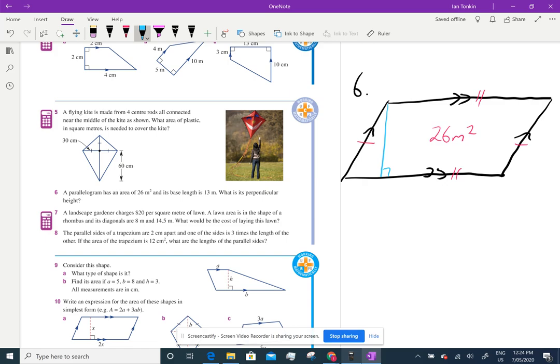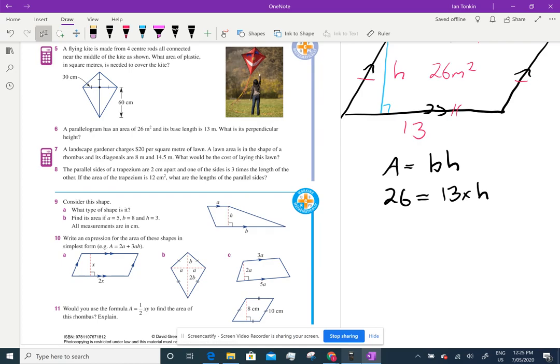Its base length is 13. What's its height? This is why we did equations. Area equals base times height. 26 equals 13 times h.